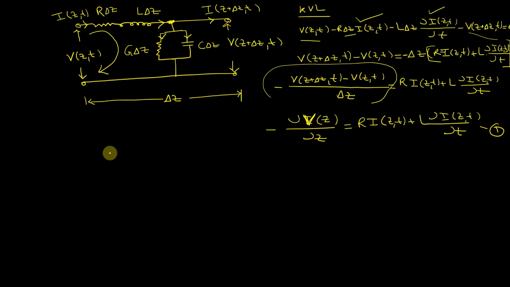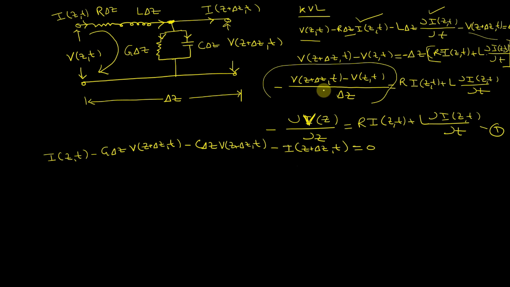So you can write I(z,t) minus G delta Z into the voltage V(z+delta z, t), minus C delta Z curl V(z+delta z, t) by curl T, and minus I(z+delta z, t), which is equal to 0.